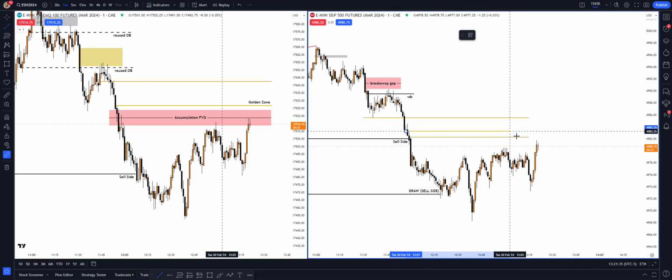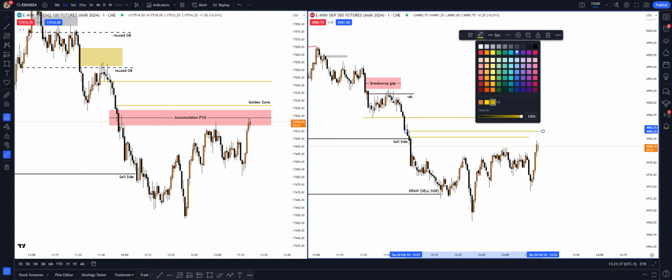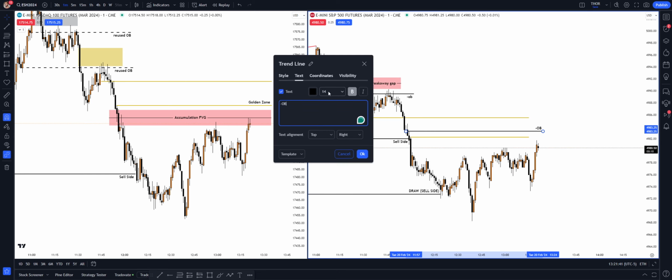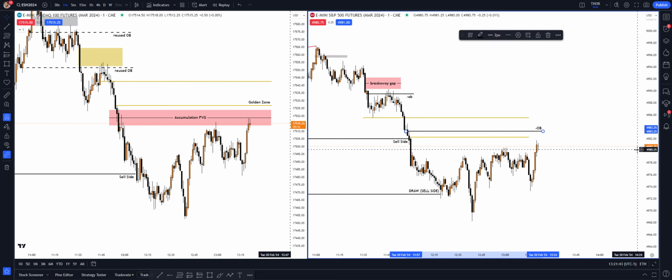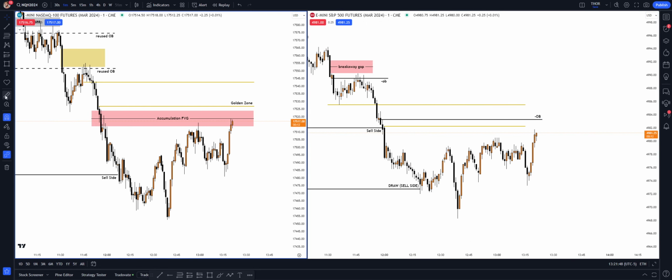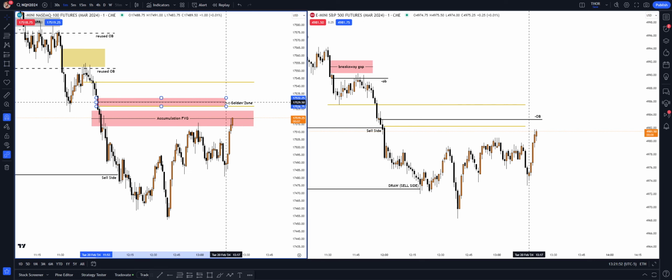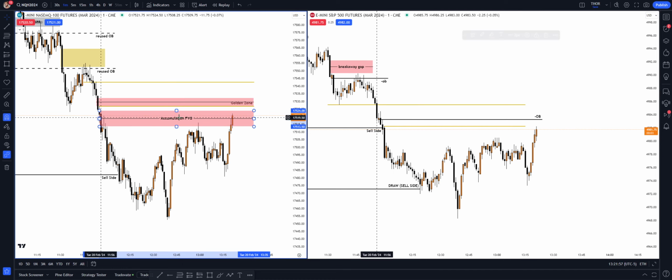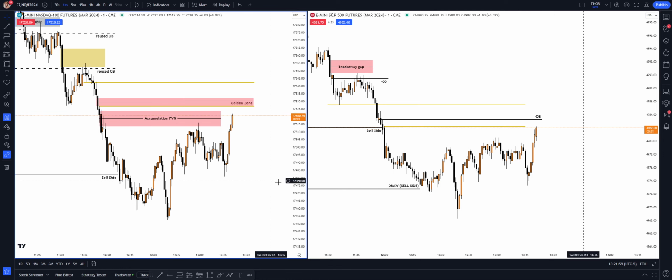We have a 1 minute order block here within the manipulation zone. I'm gonna annotate that because that should be sensitive on ES. And on Nasdaq, we have this little 1 minute fair value gap, and I want to see how price reacts to that level.